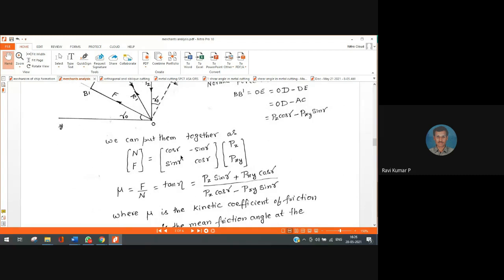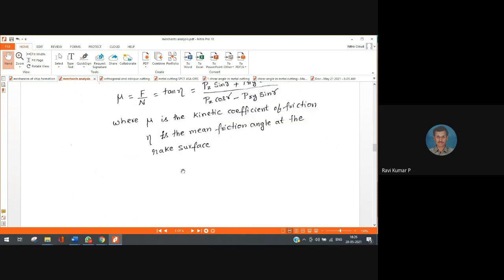Actually, the determinant value is 1, since cos square plus sin square goes to 1. So N, F from PZ, PXY. I wrote PZ first, PXY next. With the same matrix system, I put PZ, PXY, and instead of gamma I put beta, right? So what am I going to get? Check it.